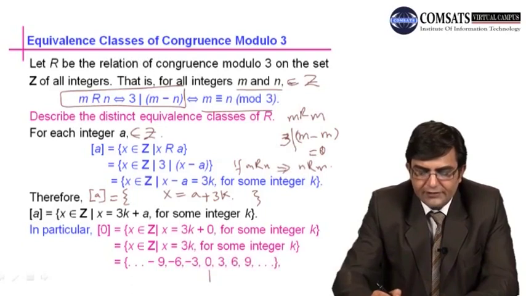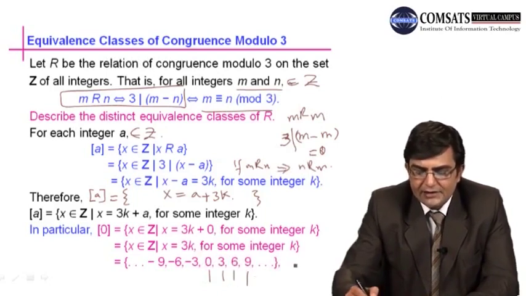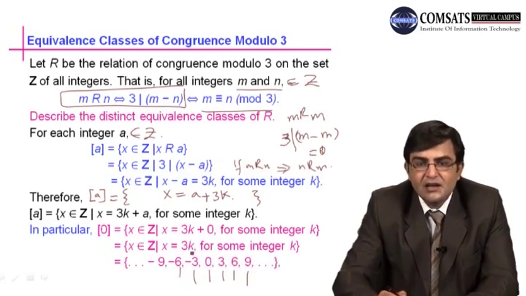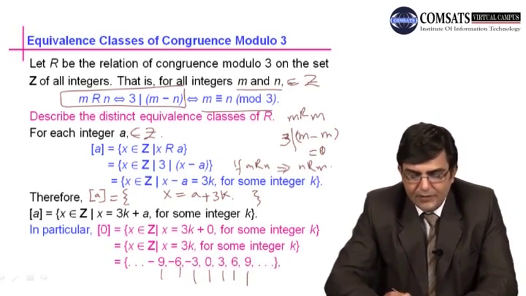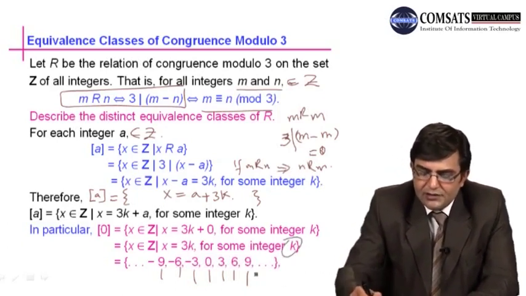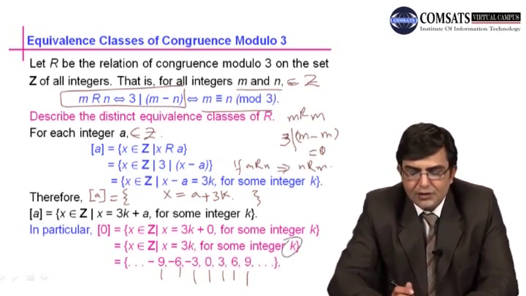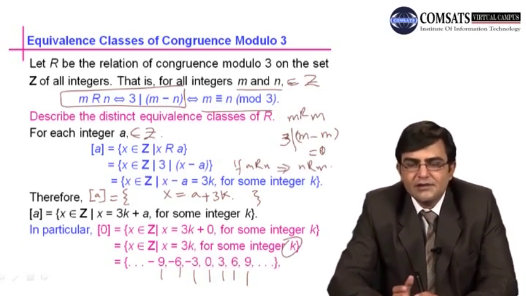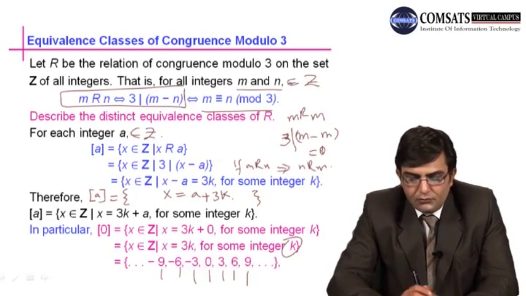This is the first element, and then k equal to 1 gives 3. If we take k equal to 2, we get 6. For k equal to 3, 9, and so on. If we take k equal to minus 1, we get minus 3. If we take k equal to minus 2, we get minus 6. If we take k equal to minus 3, we get minus 9. So here we choose k to be an integer: 0, plus minus 1, plus minus 2, plus minus 3 and so on.